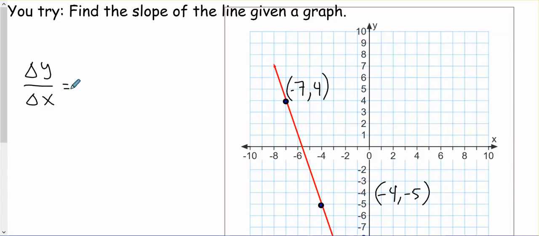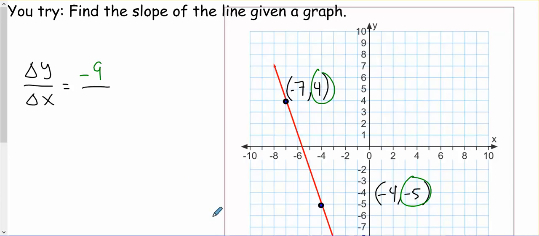So our change in y going from left to right, if we started at 4 and we went to negative 5, that's moving 9 units. We're moving down 9 units. You can see graphically from left to right we're moving down. So I say 1, 2, 3, 4, 5, 6, 7, 8, 9. That's down 9.